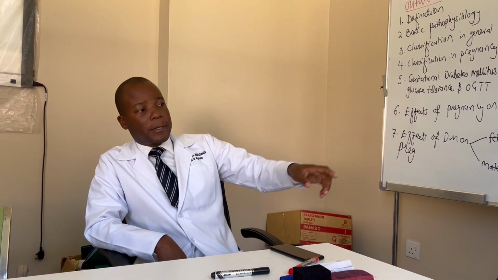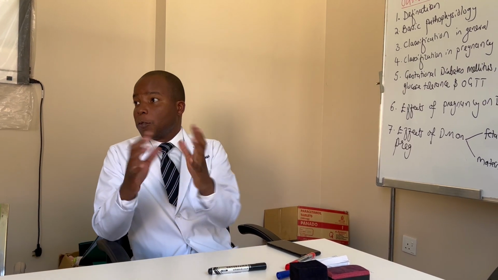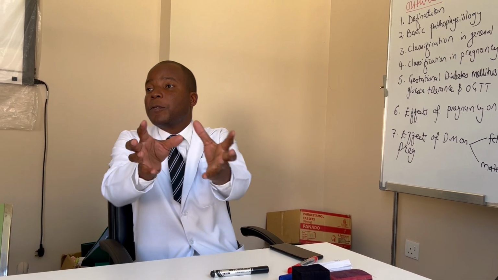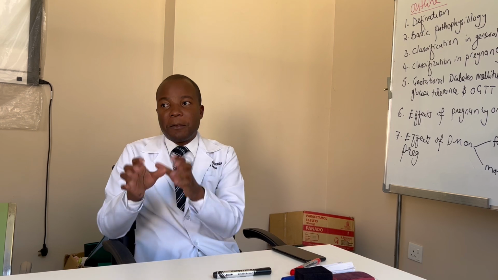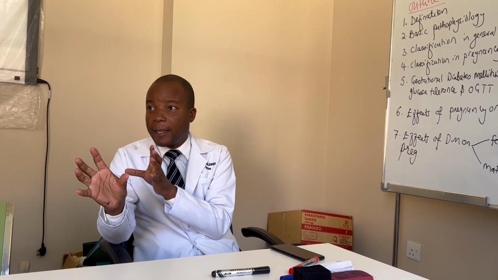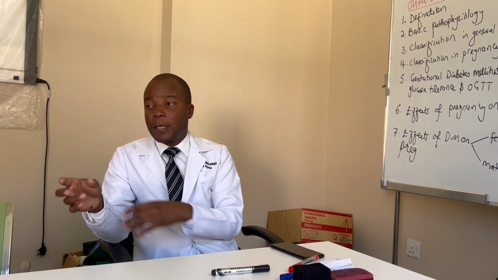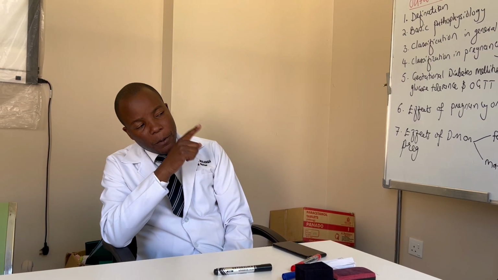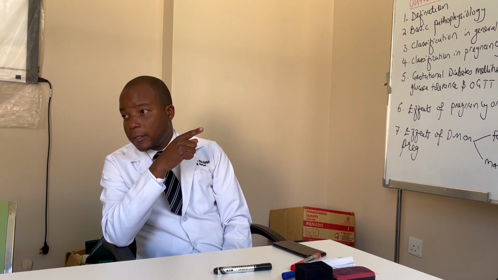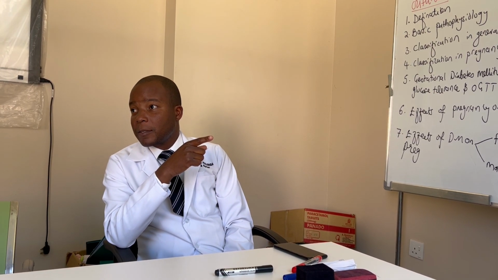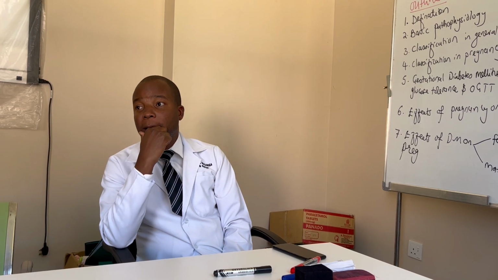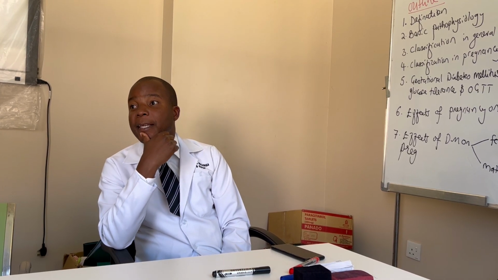Now, what am I trying to say? It will produce the aquaporin, and the aquaporin will go and sit and draw the water. They are not channels which are already there. They are only produced. Now, if you have problems with producing the aquaporins, water will not be absorbed. You will be passing a lot of urine, which will be tasteless.